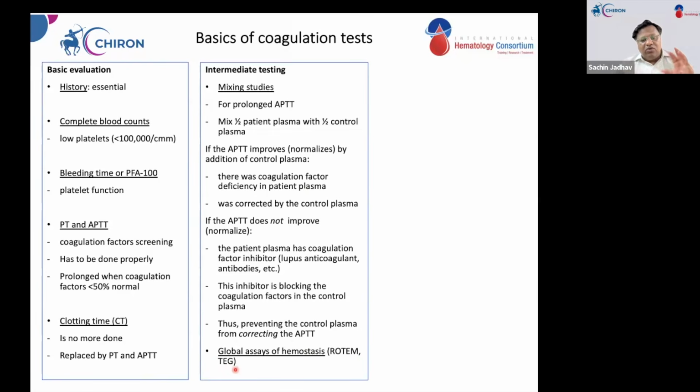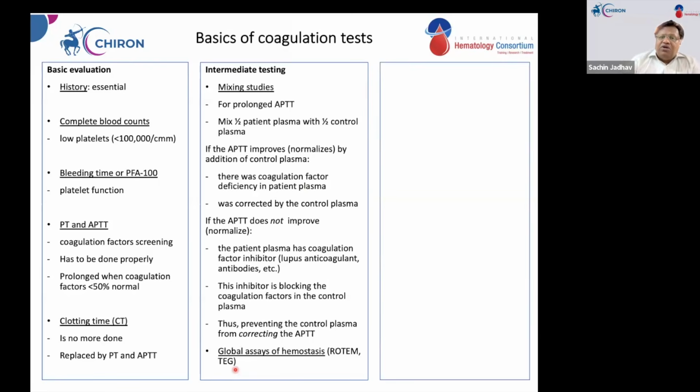It gives us a global overall understanding of hemostasis. This is another test which goes slightly beyond PT-APTT, and many good hospitals and good labs do these tests, and these can also be used for your patients.